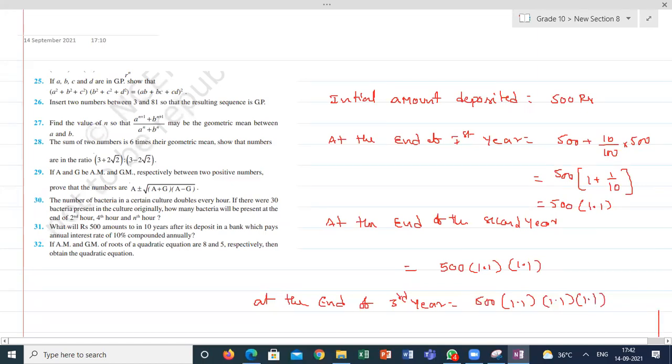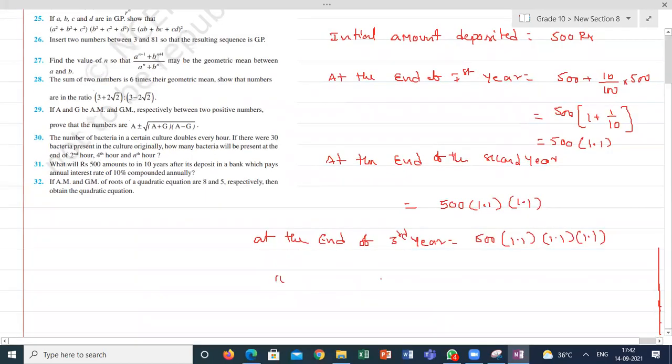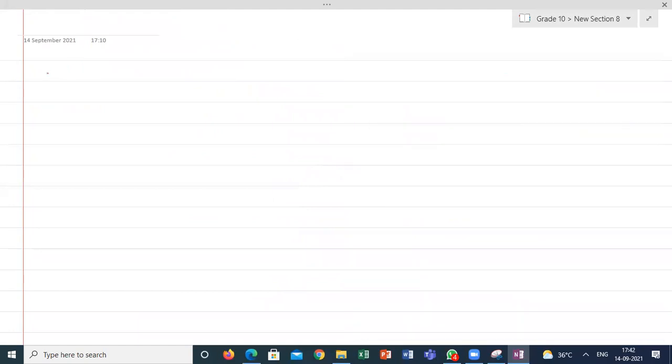So at the end of 10 years, you will get power 10. This is how we can construct the compound interest formula: 500 into 1.1 whole power 10. So no need to calculate it. This much amount will be matured at the end of 10 years if you take the interest compounded. The last question from this topic.